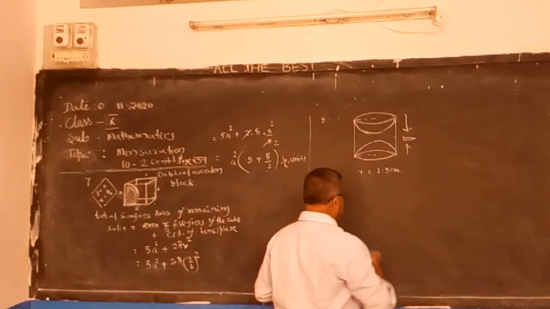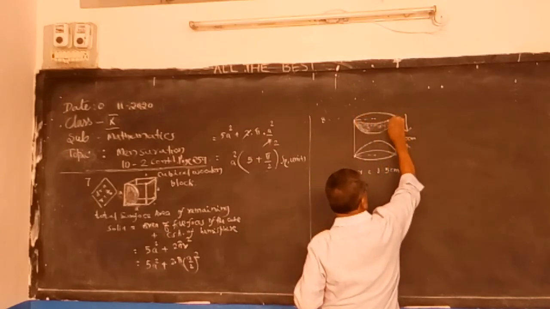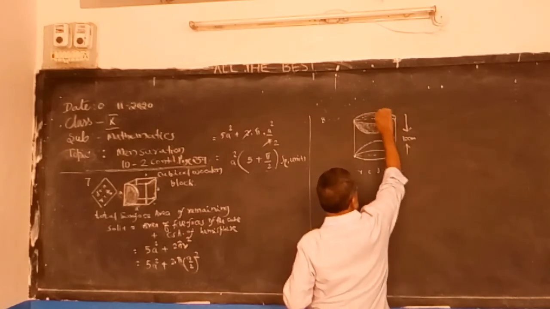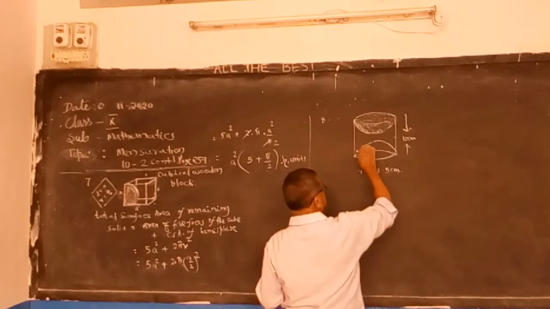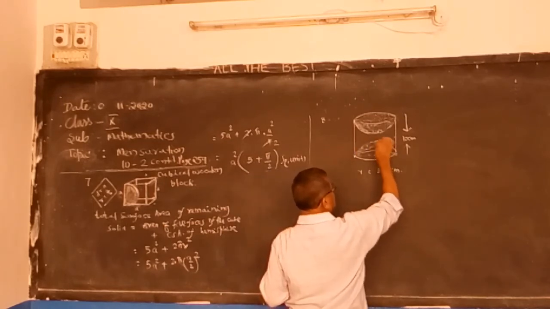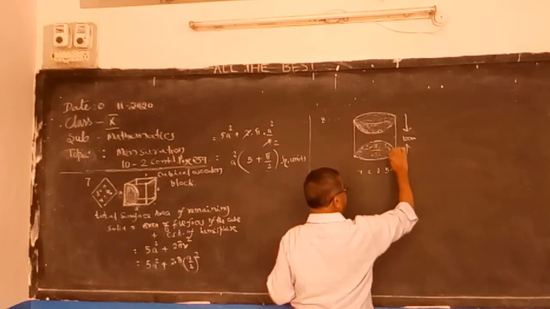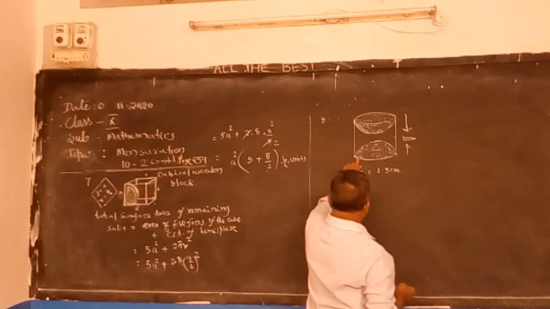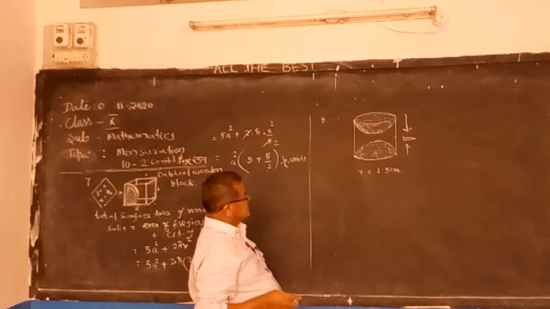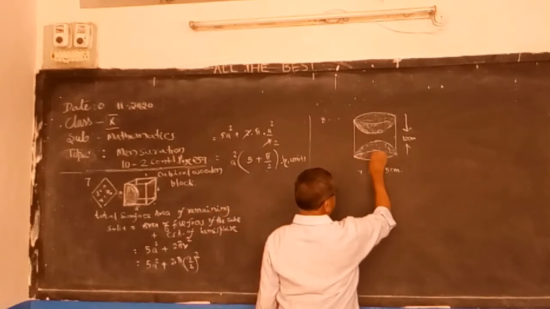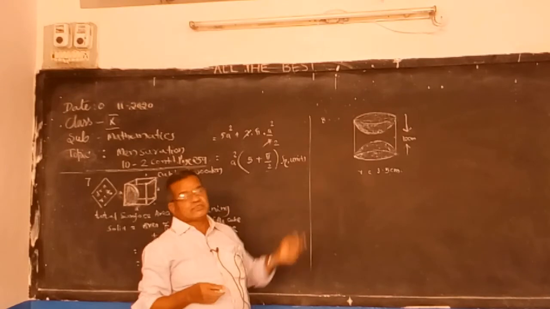See, two hemispheres are removed. We have to find the TSA of the remaining solid.